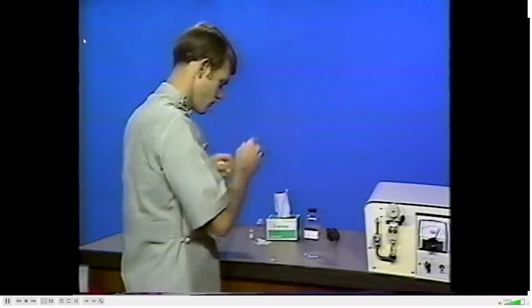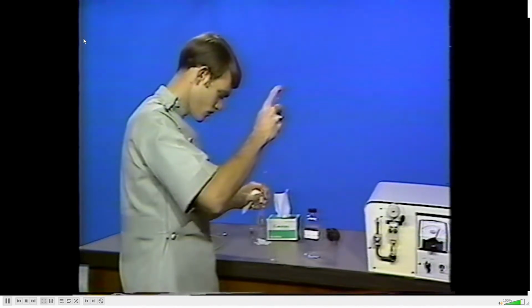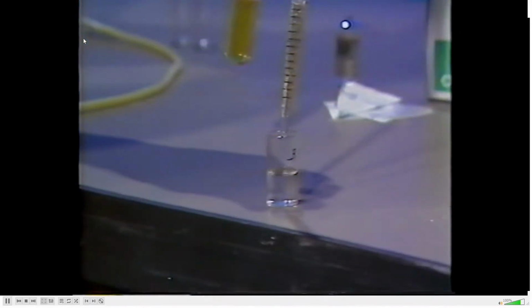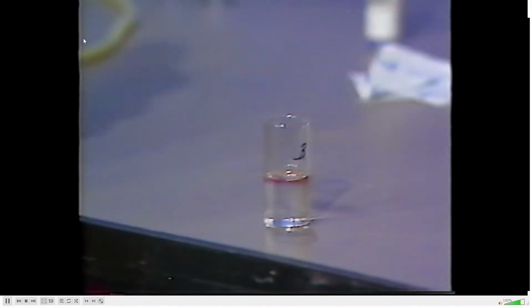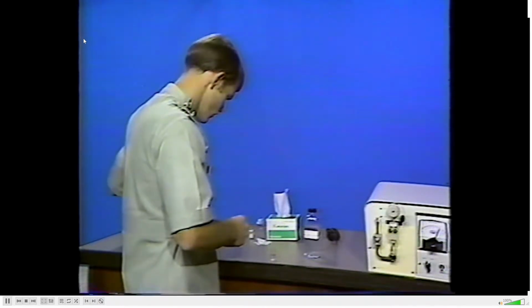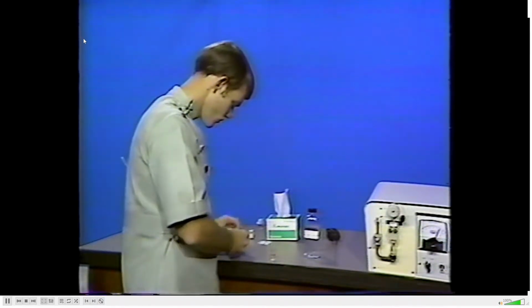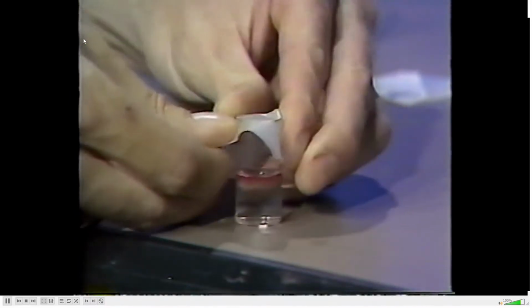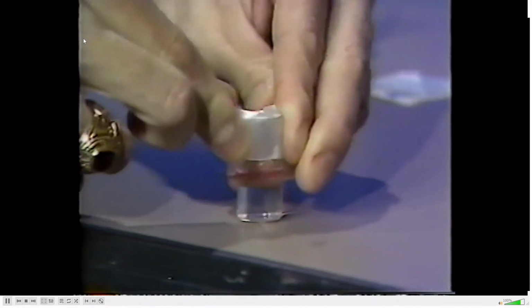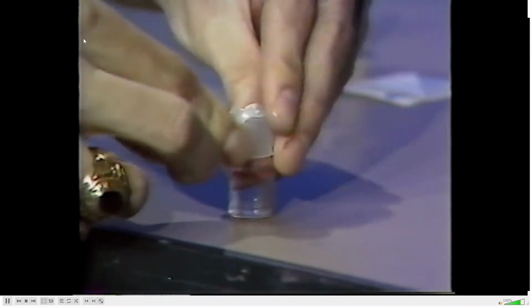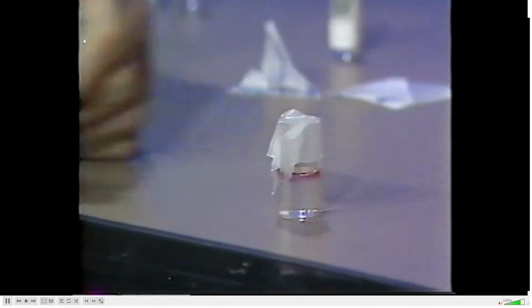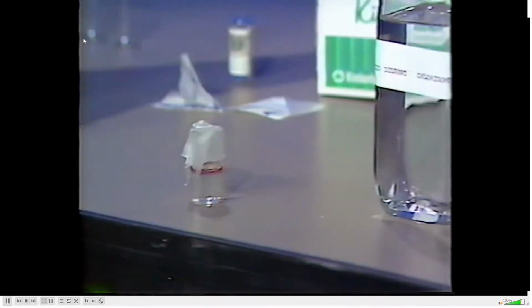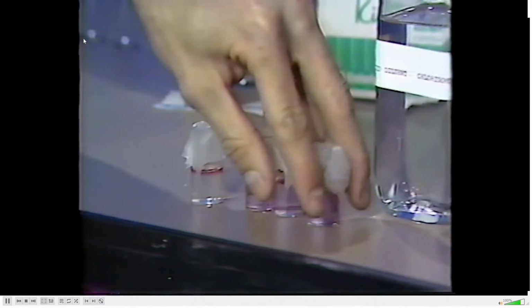Next, we add 4 drops of gelatin reagent to each vial. The vials must be covered with parafilm to eliminate possibilities of contamination. The 3 remaining blanks are prepared in the same manner.